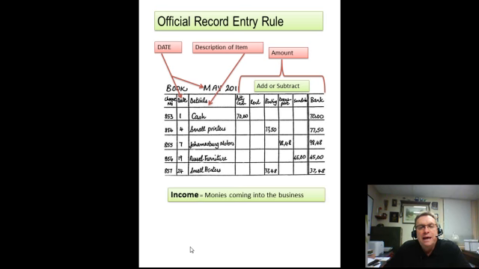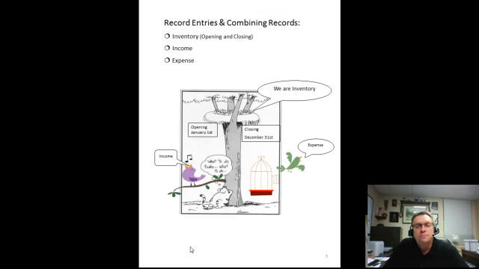Another term you would have on these things would be income, money coming into the business, or expenses, which is money going out from the business. So remember the cartoon we showed you during the inventory: inventory are assets that you have that have a value to them.